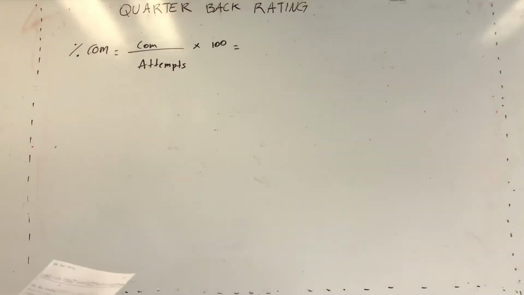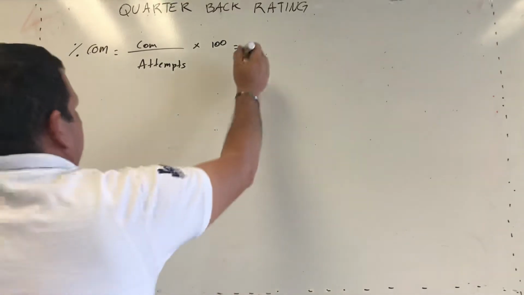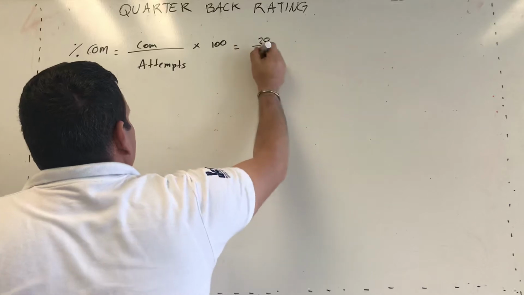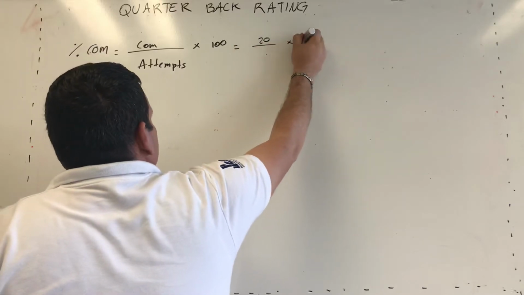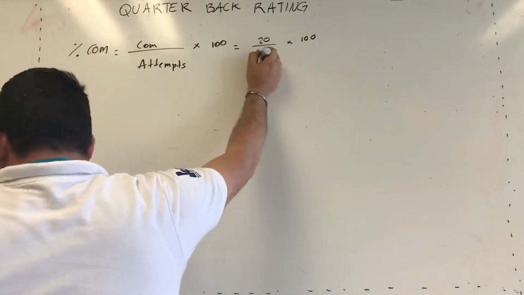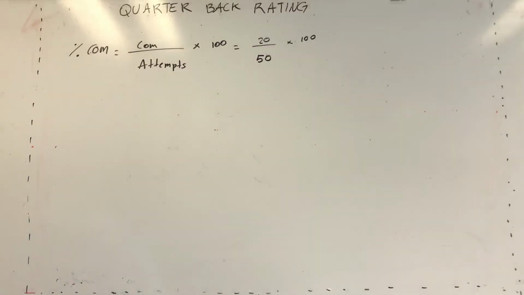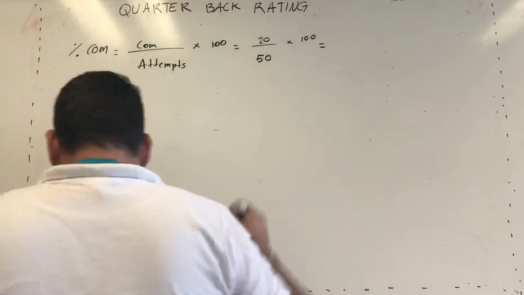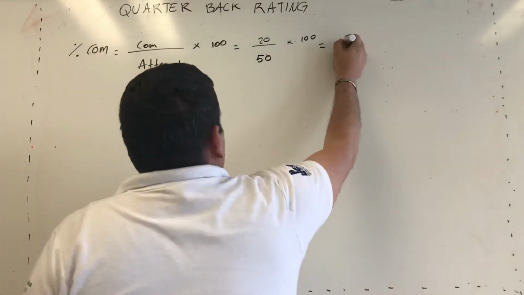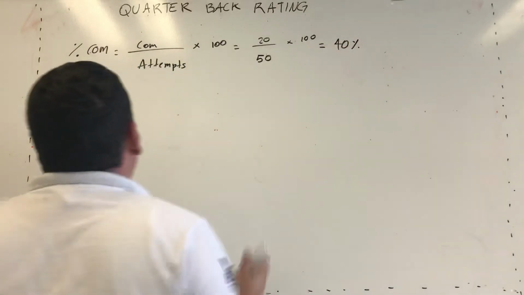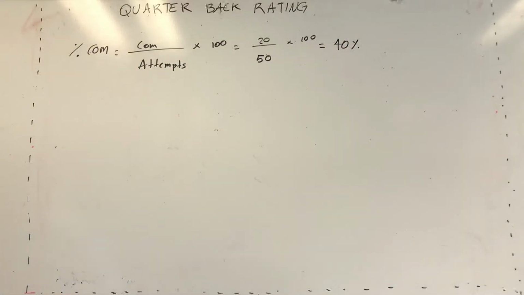So 20 times 100, and then we divide by 50 because there were 50 attempts. When you multiply that, you get 40%. So Juan has a percent of completions of 40%.